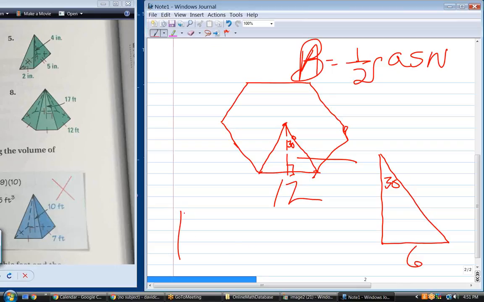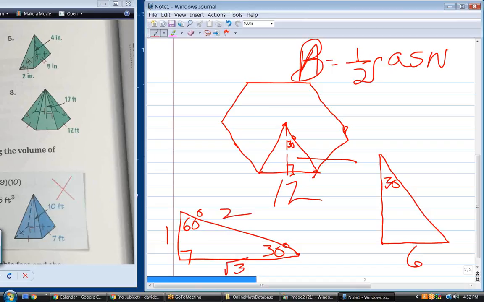Let's go through how we're going to solve that 30-60 right triangle. Remember how I told you that you're going to run into this triangle so many times it's going to make you sick. What are the dimensions of the basic unit 30-60 right triangle? I call it my unit.